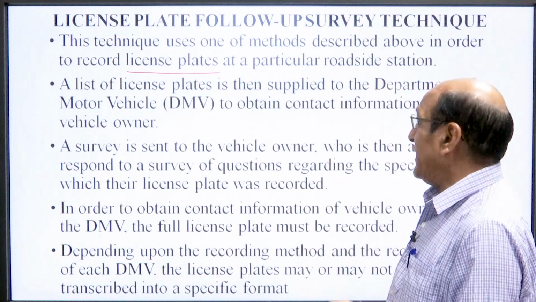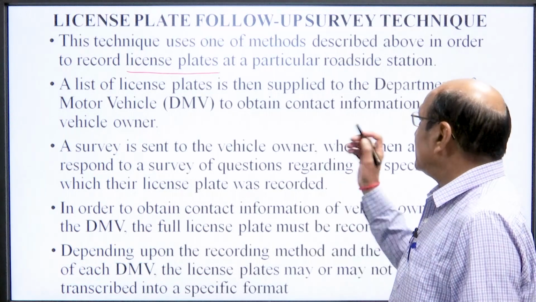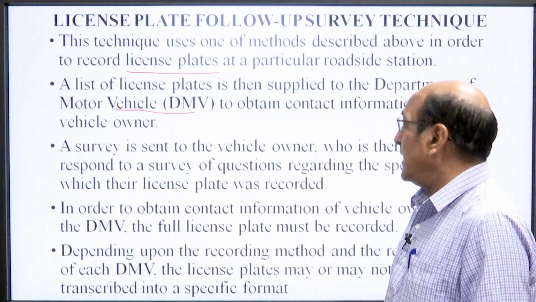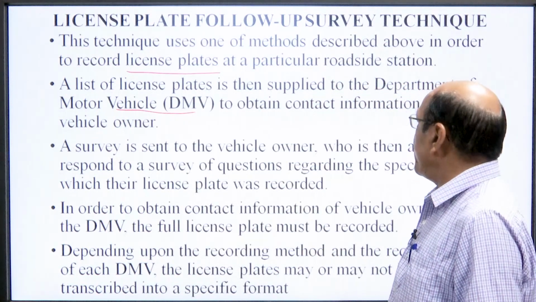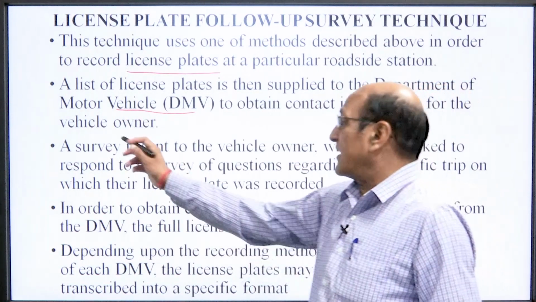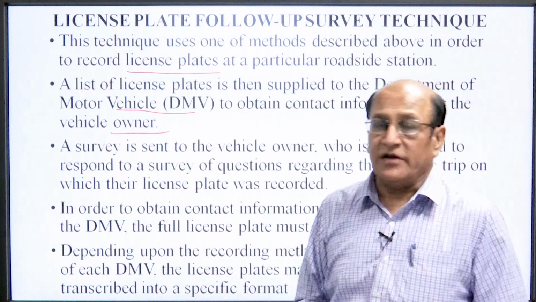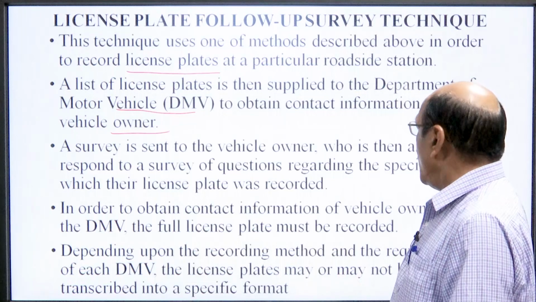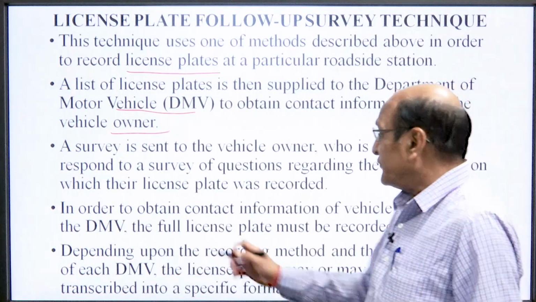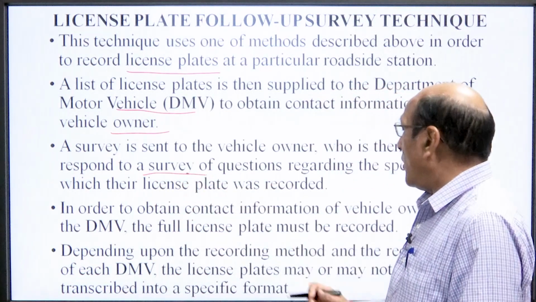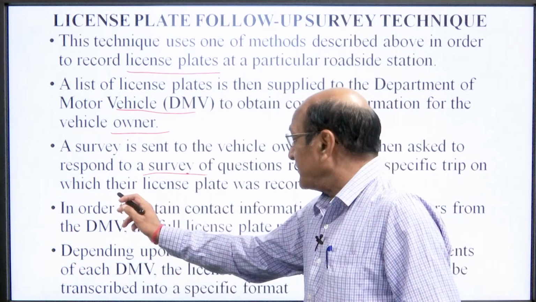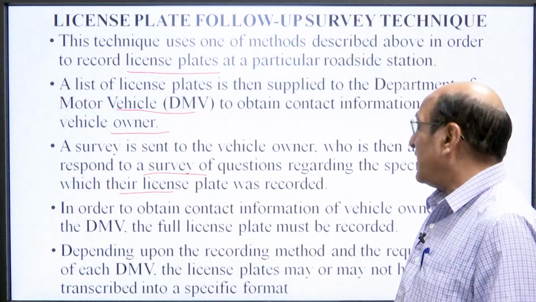A list of license plates is then supplied to the Department of Motor Vehicles DMV to obtain the contact information of the vehicle owners, as we have discussed earlier. A survey is sent to the vehicle owner, who is then asked to respond to questions regarding the specific trip on which their license plate was recorded.